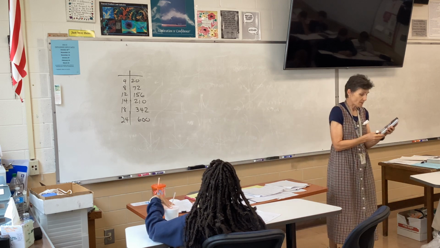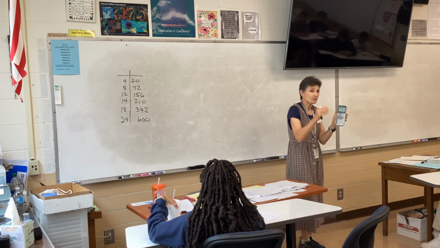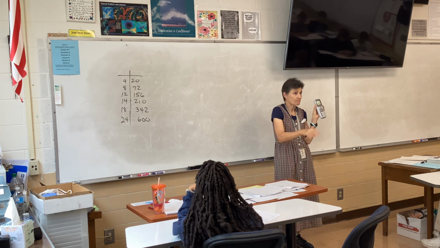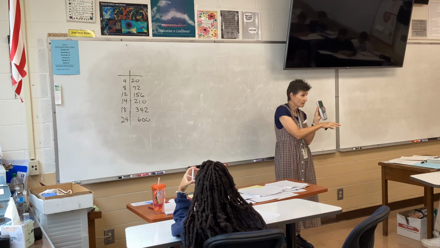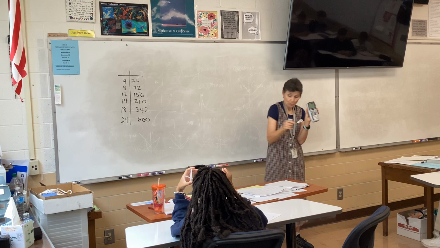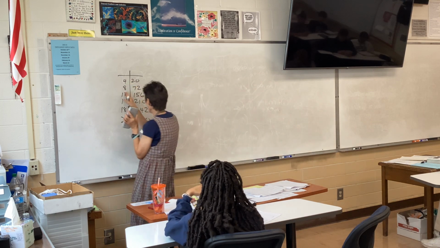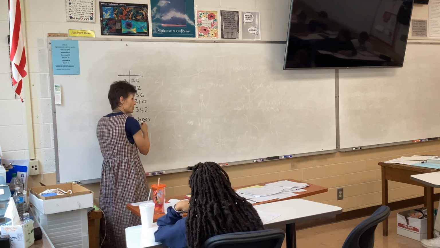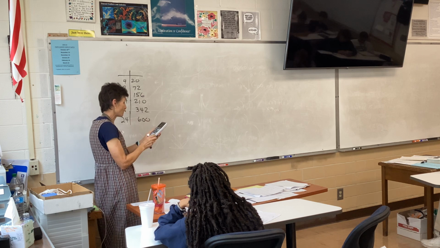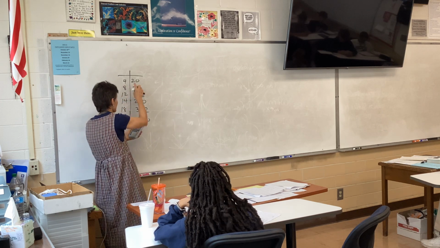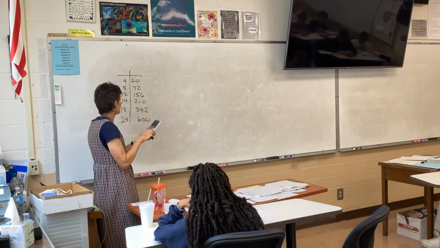Okay, so now I'm in edit, and you should have a column that says probably L1 and another column that says L2. So you're gonna type in, these are your L1s and these are your L2s. Make sure you correspond them. So make sure 4 is across from 20 and so on.